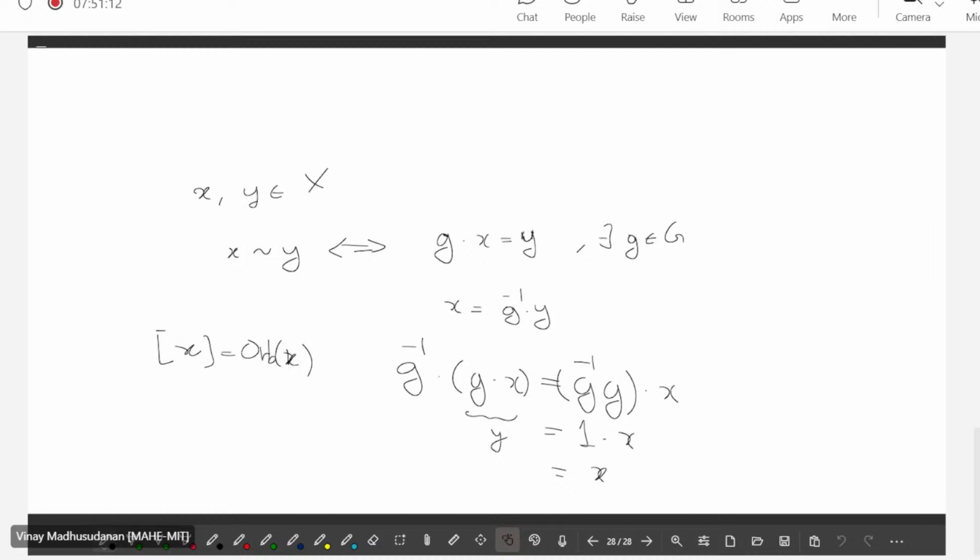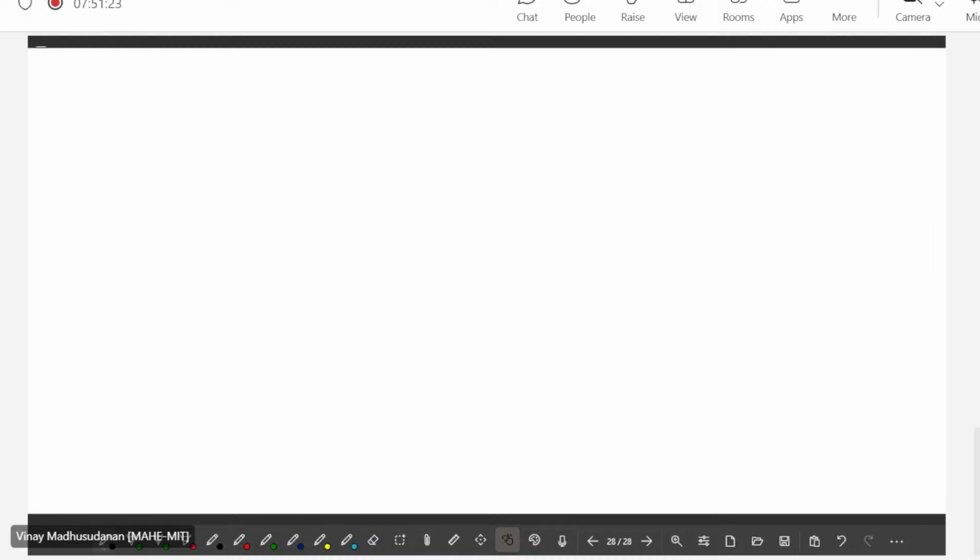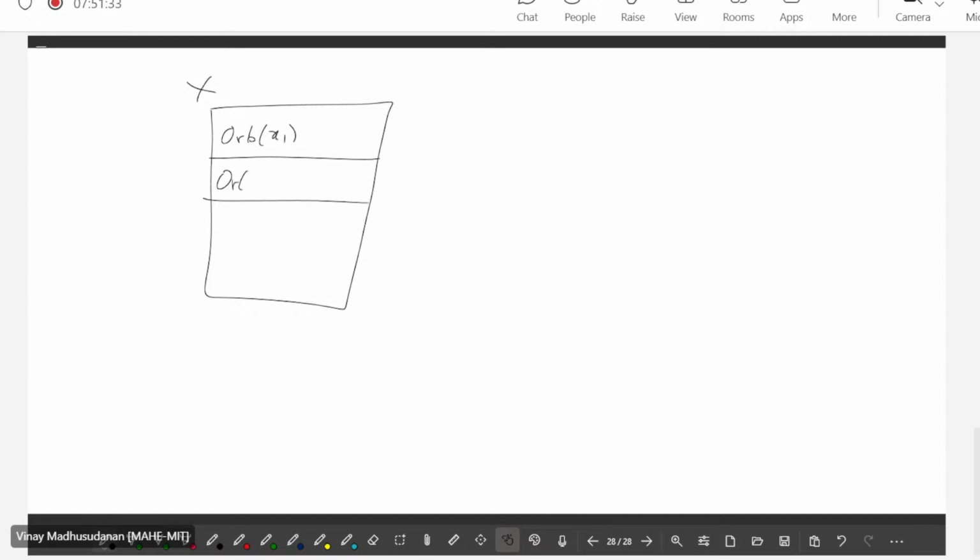Because the orbits are equivalence classes, what do they do to X? They partition X. So when you take the group action on X, this is the orbit of some X1, orbit of X. We don't require any finiteness or anything, but let's assume the finite case for proving the lemma anyway.